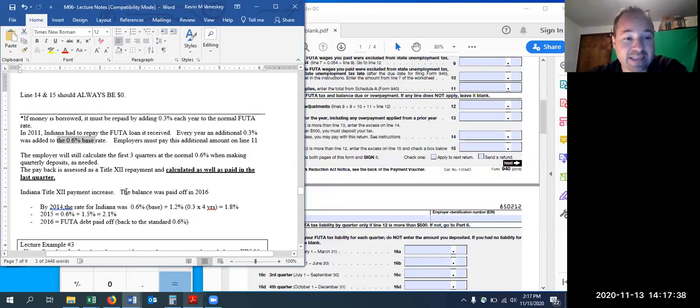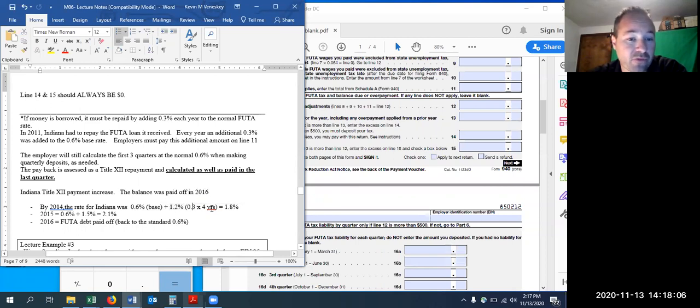So when Indiana did this, this is back to 2014 now, and this was the 4th year that we'd been paying it back. We borrowed in 2010 or 2011, and we start paying it back right away. 2011, 2012, 13, 14, that was our 4th year. So we take the 0.6, our normal, what everybody pays, and then we had to tack on, the employers did, an extra 1.2%.